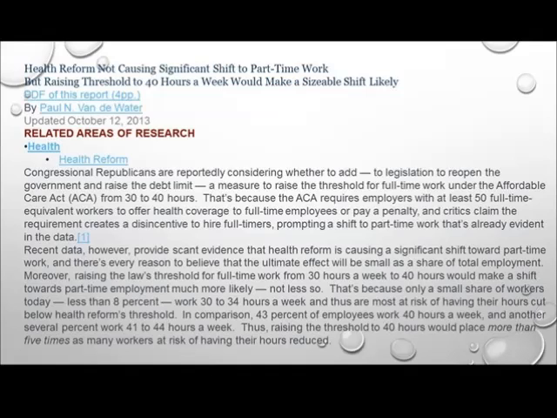But according to this article right here, it says that only 8% of the workforce is represented by people that work 30 to 34 hours. So in fact, if you change it and you make all these people full-time, they're suggesting that this may increase the likelihood of more part-time workers.